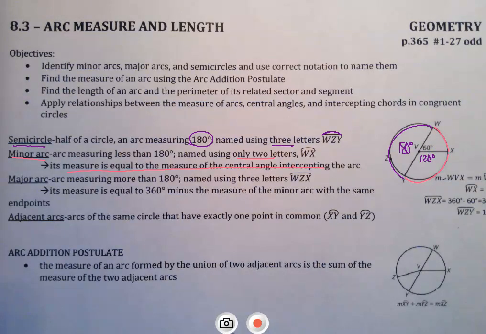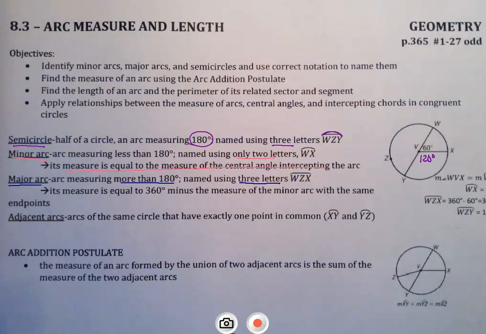All right, next up we have a major arc. It is an arc measuring more than 180 degrees. It too is named using 3 letters. So this says WZX.